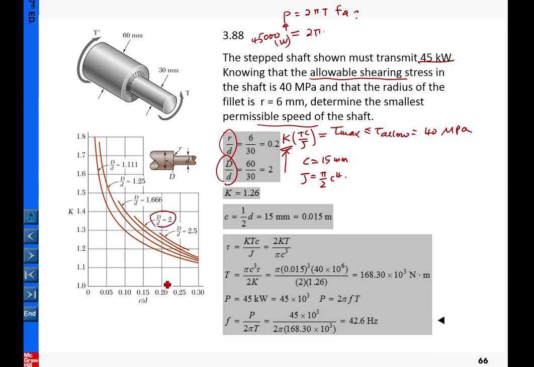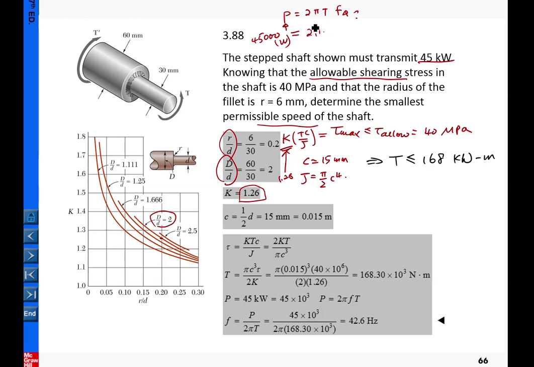So r over d 0.2 pointing to here, so that is this point for K, and that is about 1.26. So from here, 1.26, we put everything together, and from solving this equation, we can determine T is less than or equal to 168 kilonewtons per meter.